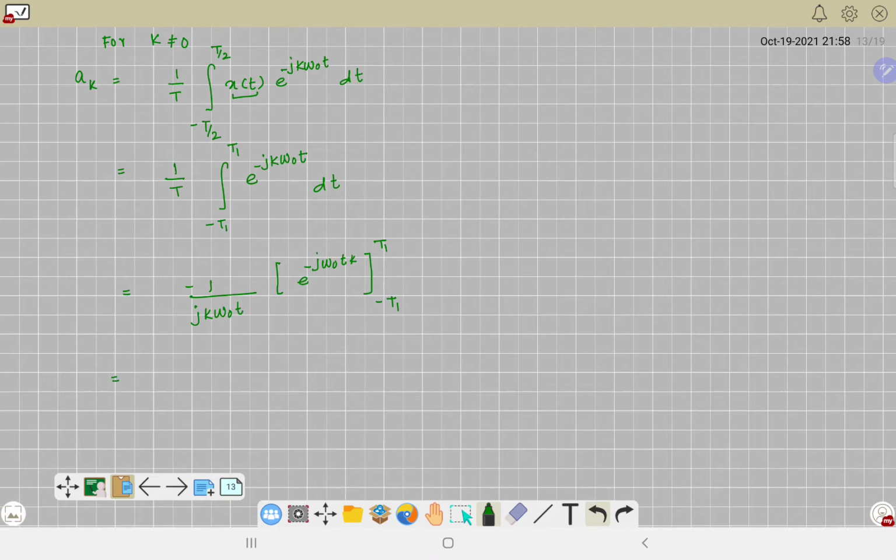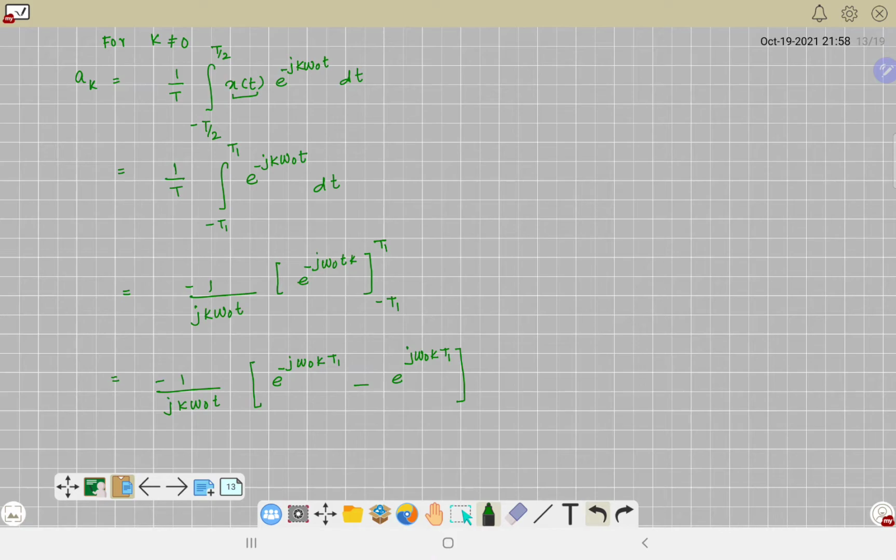Again you can do a bit of manipulation to express it in a better way. So this stays outside, and here it will be e raised to the power minus j omega naught k T1 minus e raised to the power j omega naught k T1.